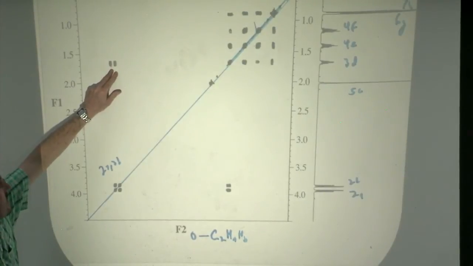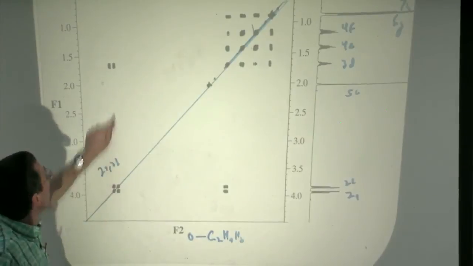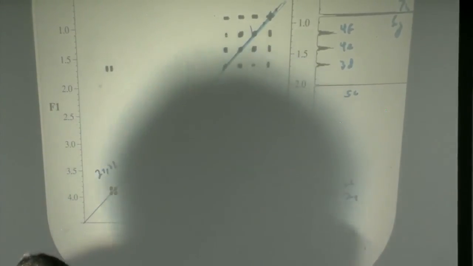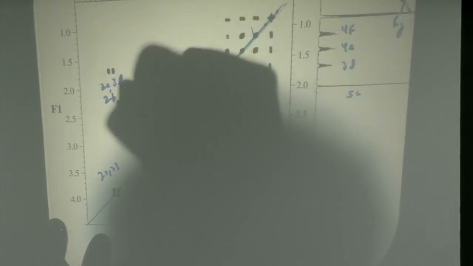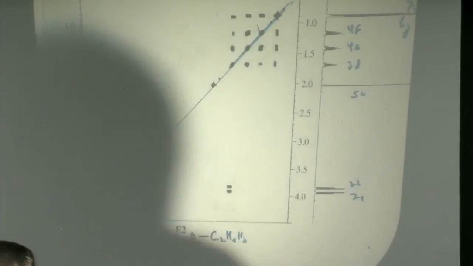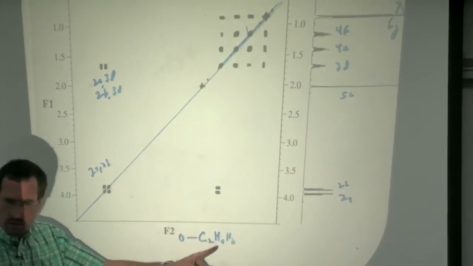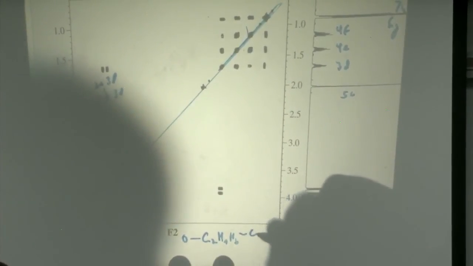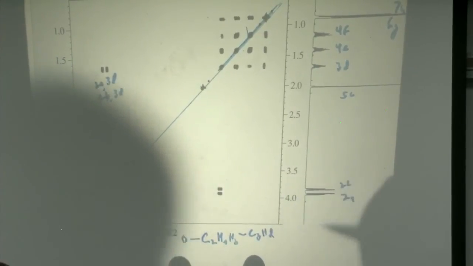Because 2A and 2B each cross with 3D. See, I can go up and over. So that's useful. 2A with 3D and 2B with 3D. Okay, that's useful, because now I know I have C3, HD, and it's connecting. And I'm starting to put this thing together in a systematic fashion.